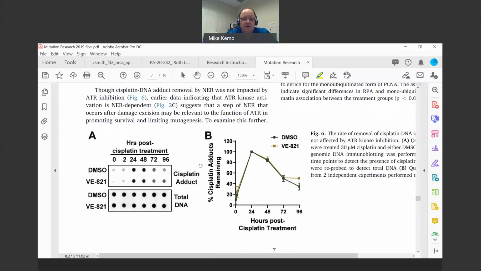So we did a DNA immuno dot blot assay. Essentially, we treated cells with either DMSO or the ATR inhibitor in the presence of cisplatin. And then at various time points after treatment, we harvested the cells, purified the genomic DNA, spotted it on a nitrocellulose membrane, and then probed with an antibody that recognizes a cisplatin adduct or total DNA.